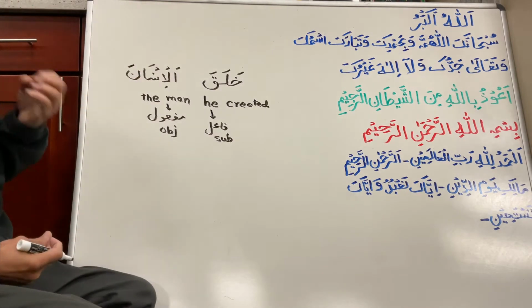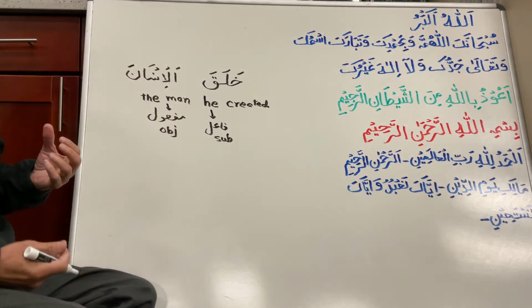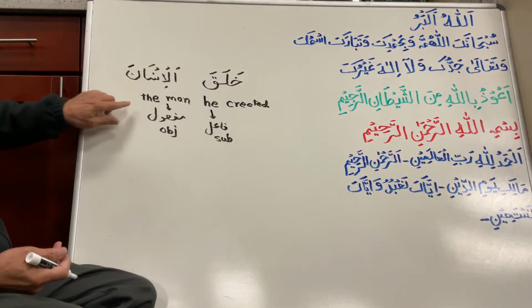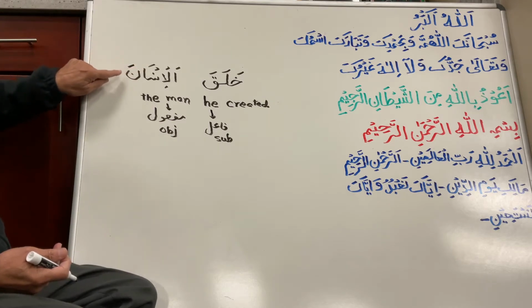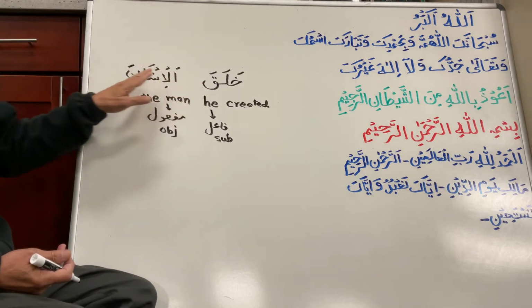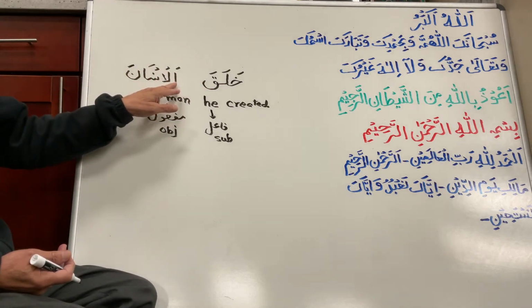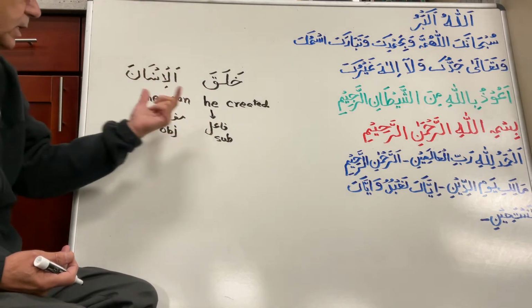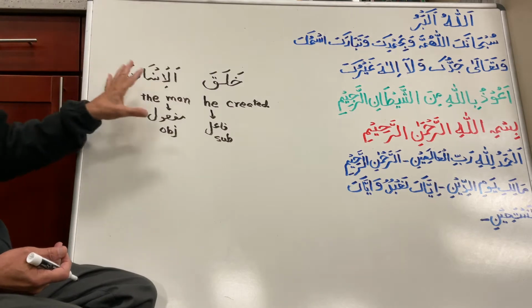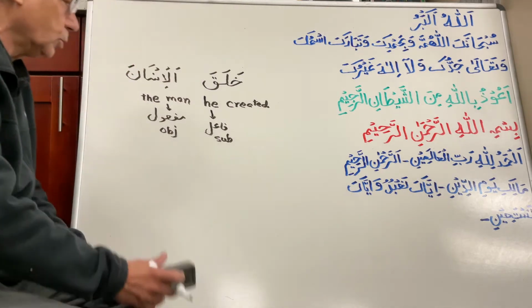This is the characteristic of the maf'ul. In English we don't change anything, but in Arabic this word has to be changed from a pesh to a zabar. So now you read khalaqal insana, you don't pronounce this alif in the middle. Khalaqal insana, he created the man. These two rules will keep coming back and forth, so keep them in mind.